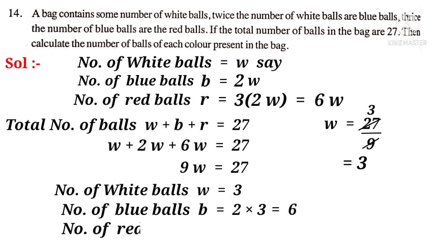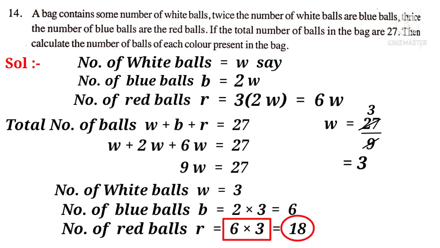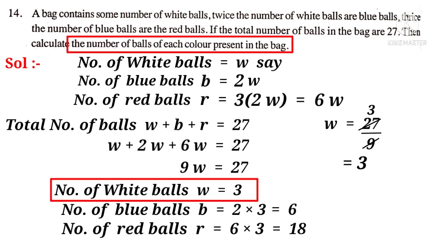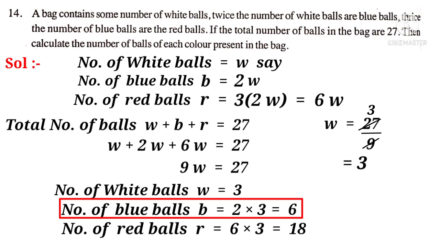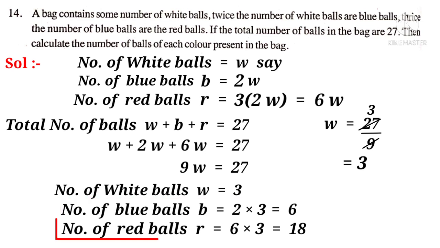Now number of red balls r is equal to 6 into 3, because we put 3 in place of w, because r is equal to 6w, which is equal to 18, because 6 into 3 is equal to 18. So we found that number of white balls w is equal to 3, number of blue balls b is equal to 6, number of red balls r is equal to 18.